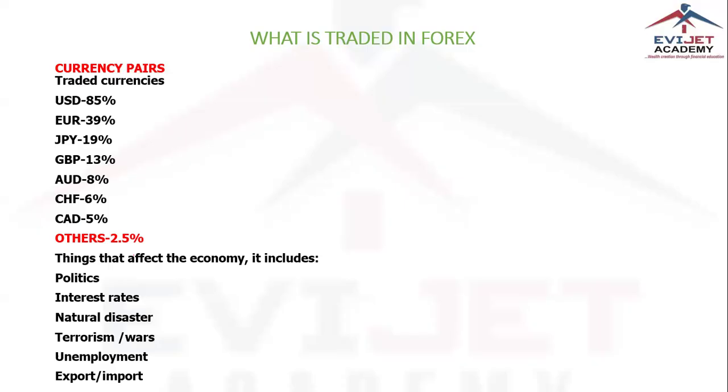The first of them is politics. Then we have interest rates, natural disaster, terrorism and war, unemployment, import and exports. These are things that affect the currency itself, because when they affect the economy, it plays out in the currency of that particular country.